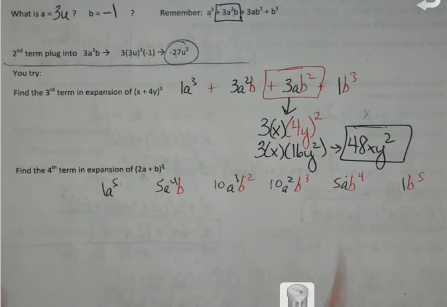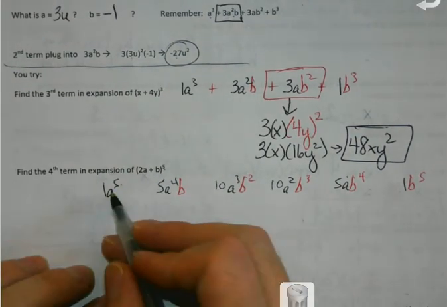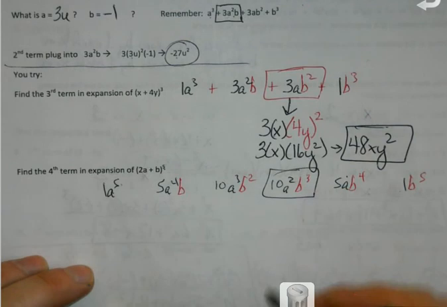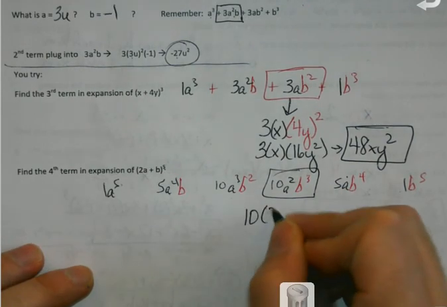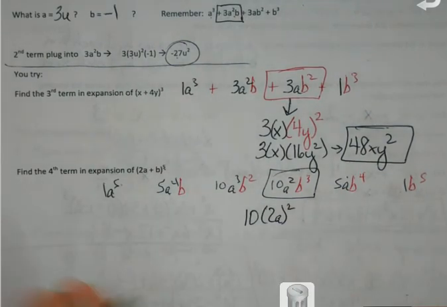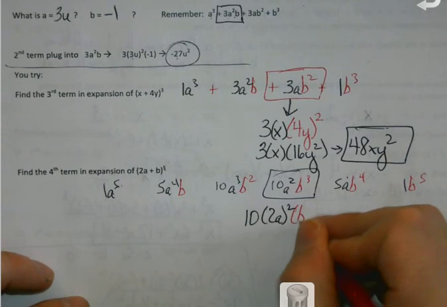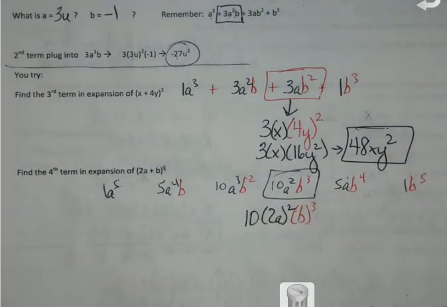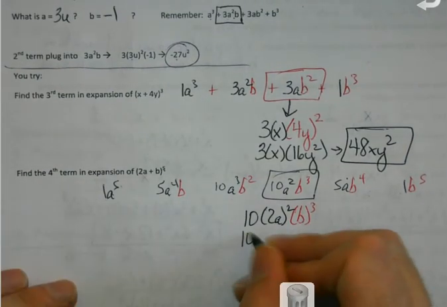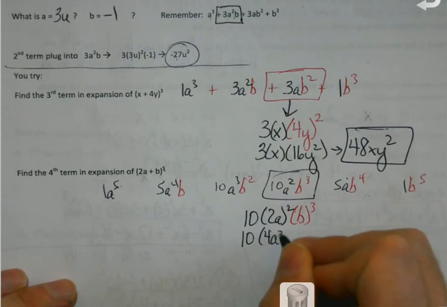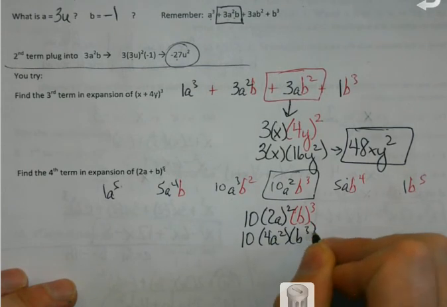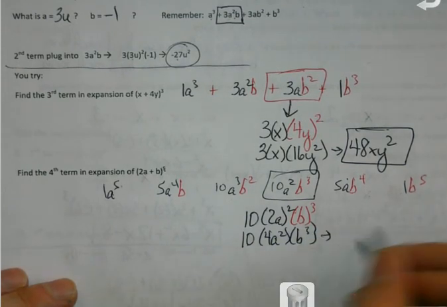Remembering that my degree is always going to be 5. Find the fourth term. 1, 2, 3, 4. Plug it in. Do a little simplifying. And multiply it out.